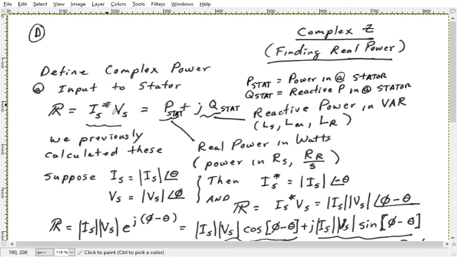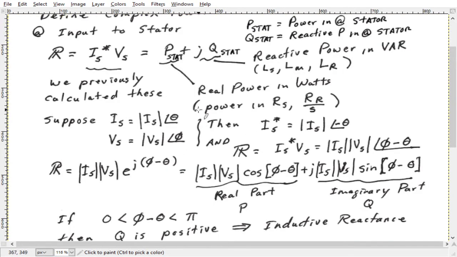If we take the complex conjugate of the input stator current and multiply it by the applied voltage, then the real part of the number we end up with is going to be the real power in watts, and the imaginary part is going to be the reactive power in volt amperes reactive. And so we can actually do this in Python.